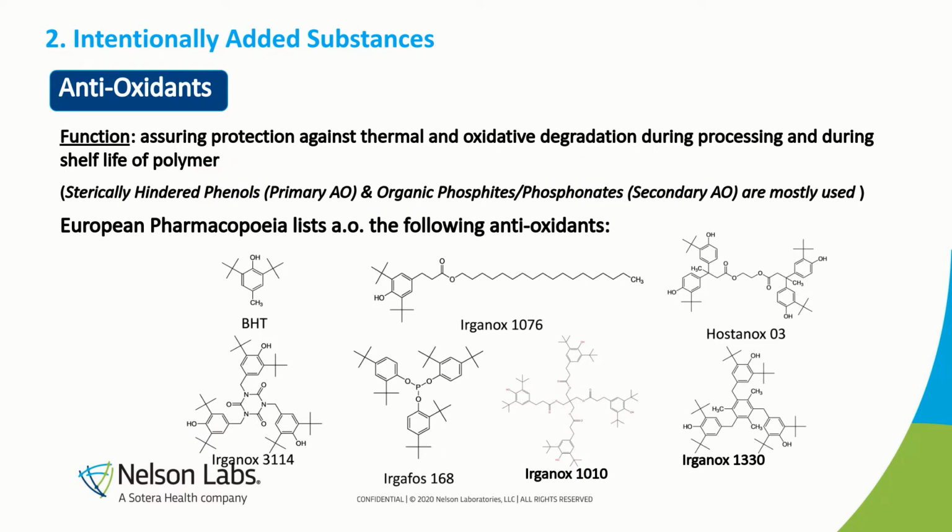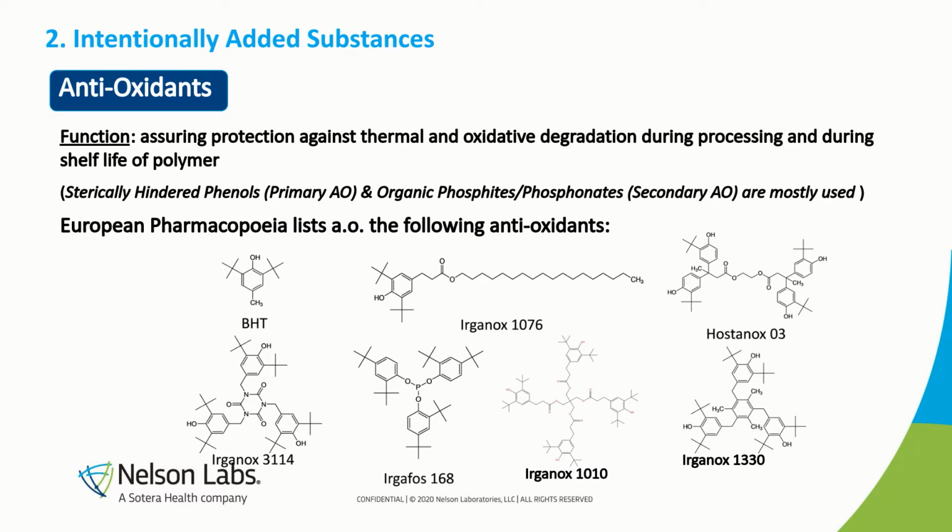So we will start with the antioxidants. What is their function? It is assuring protection against thermal and oxidative degradation during processing and during the shelf life of the polymer. So you have two types of antioxidants. You have the primary antioxidants, which are the hindered phenols.